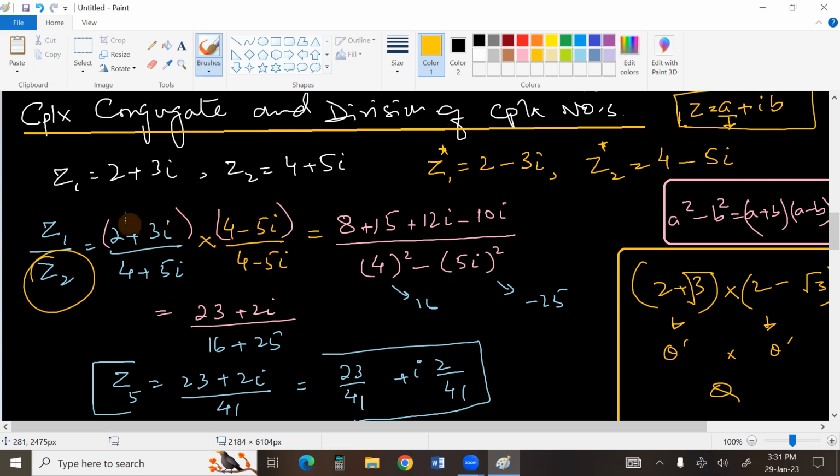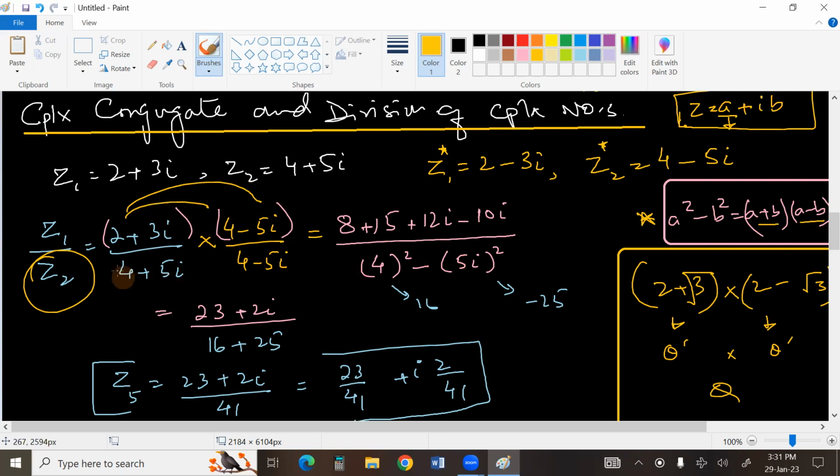And expanding these two, just like before, gives us all these values. But look at the bottom, the denominator. The identity that I used here is a squared minus b squared is equal to a plus b times a minus b. So if you see a product of the same two values being added and subtracted, then you can compress them as square of the first term minus square of the second.